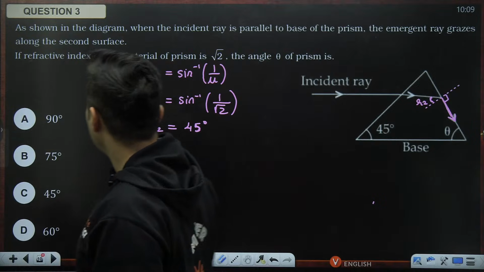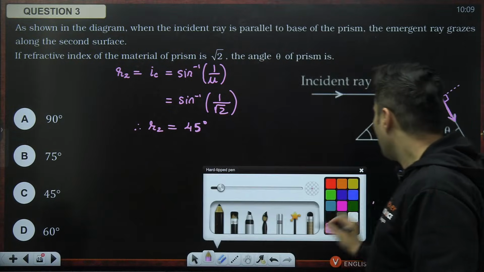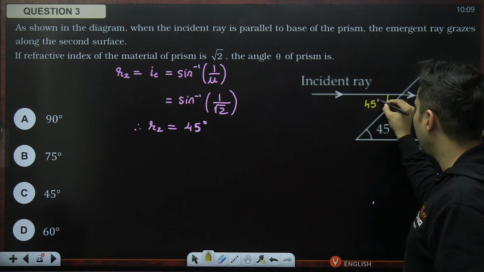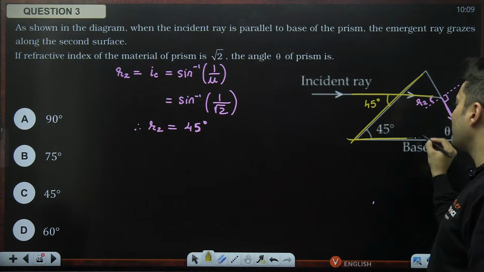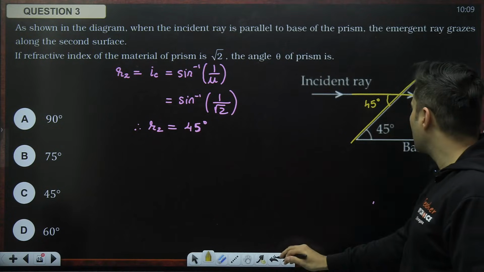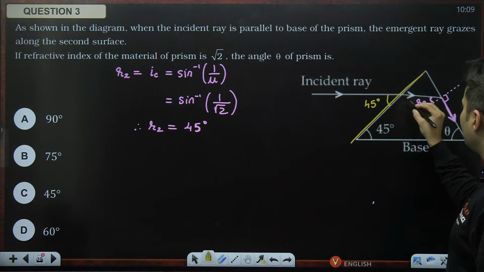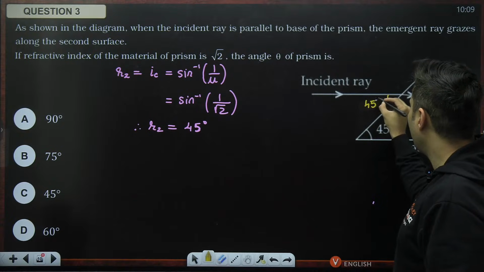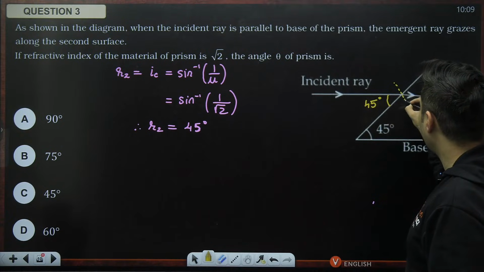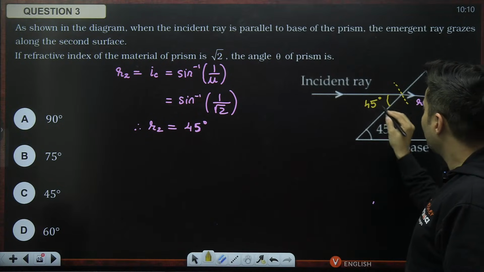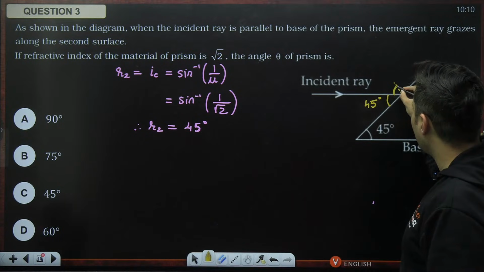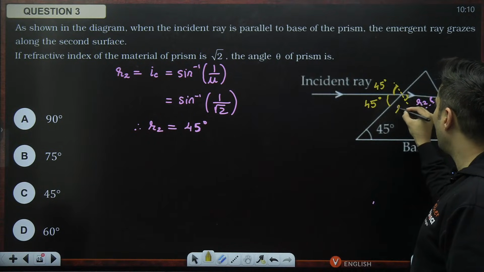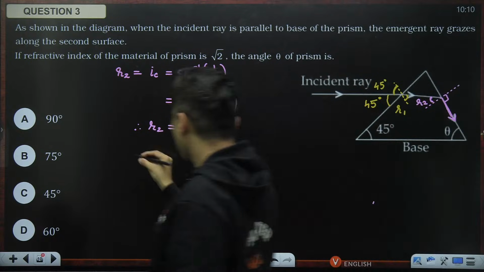Very good. Next important thing, because the incident ray was parallel to the base, if this is 45, obviously this is also 45 degrees between two parallel lines. If there is an intercept, alternate angles are congruent, standard geometrical thing. So if I drop a perpendicular over here, and this is 45 degrees, we can see that the angle of incidence is also 45 degrees. So we just need to figure out R1, the angle of refraction. Use Snell's law.